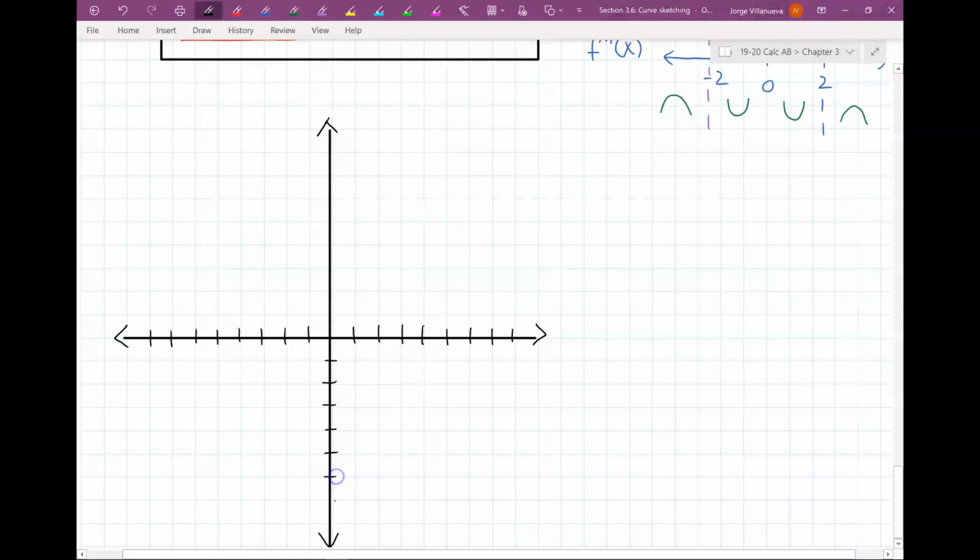All right, so I'm going to depend on you guys to give me some information, okay? That way I don't have to keep scrolling back up and down. So what was my x-intercept? Plus or minus 3. So -3, there's one right there. +3, there's one right there. What was my y-intercept?